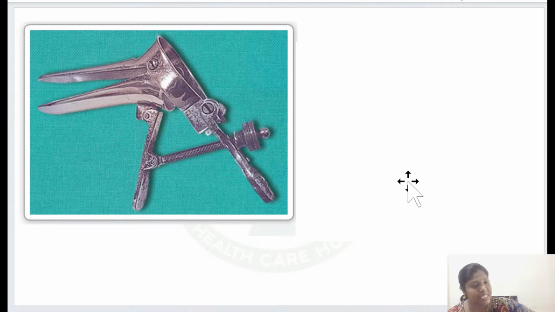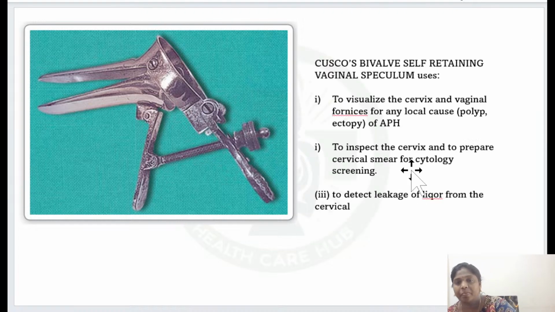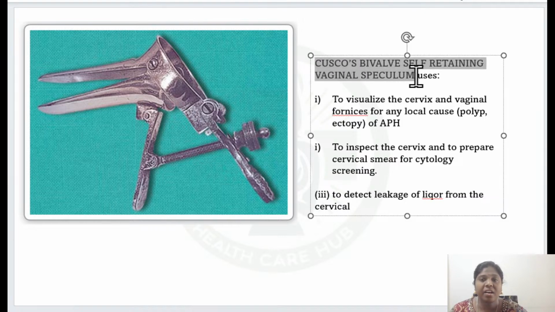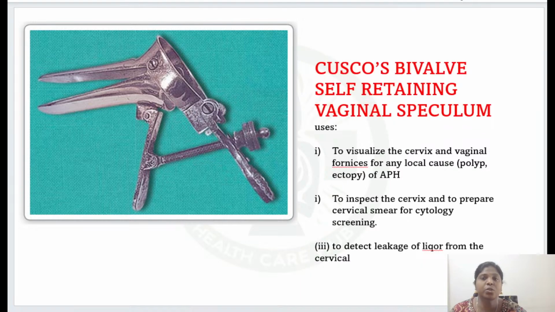Okay, this is not cuscus, it's Cusco's speculum. So, Cusco's bivalve self-retaining vaginal speculum.